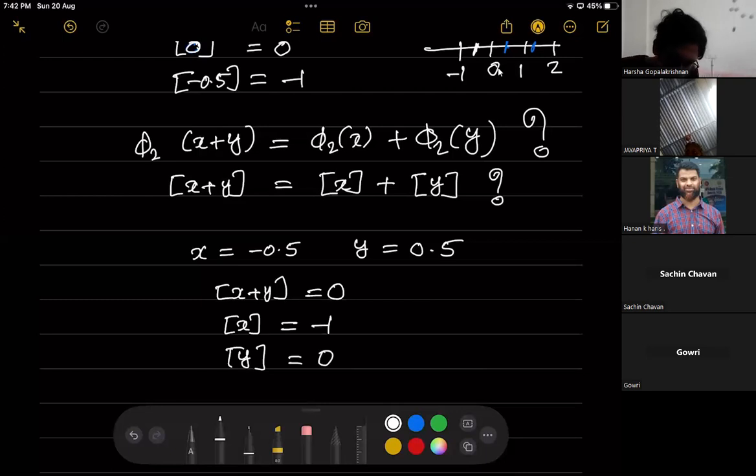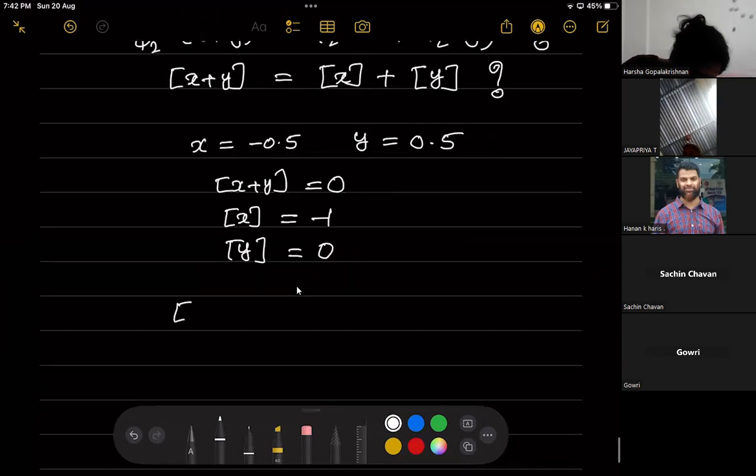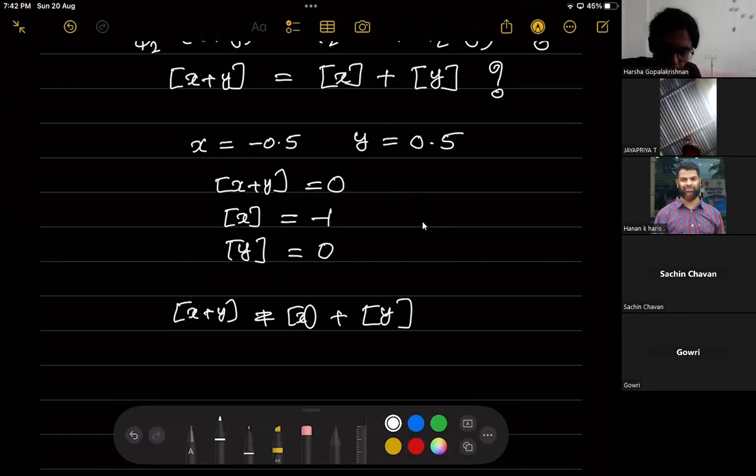So here it is not equal. Here greatest integer of x plus y is 0, but greatest integer of x plus greatest integer of y is minus 1. So this is not a homomorphism.